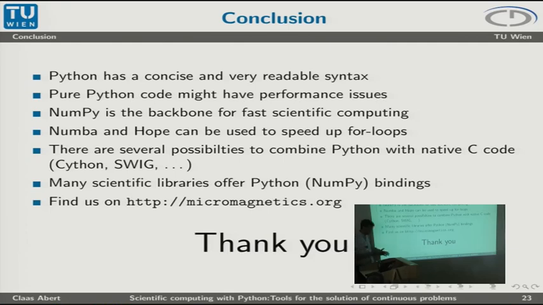However, there are special problems we are looking at where, for example, you might have a pretty complicated expression for the computation of the energy of a system, which depends on the magnetization, obviously, in this case.